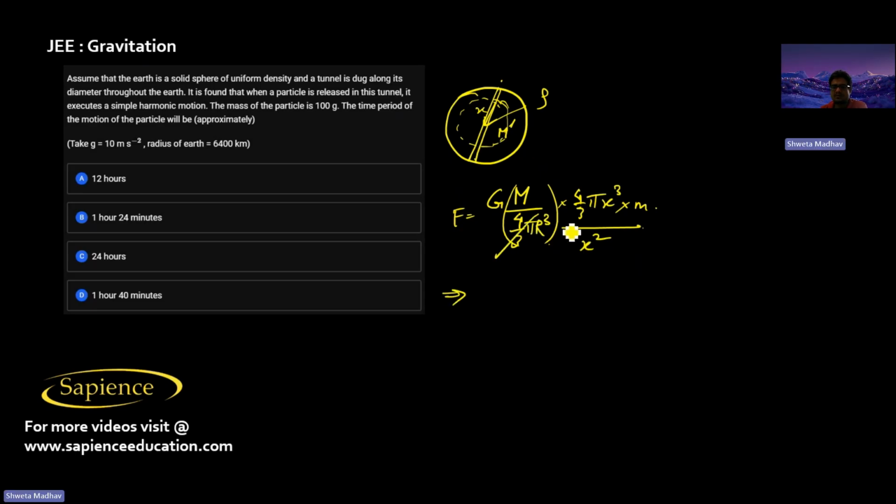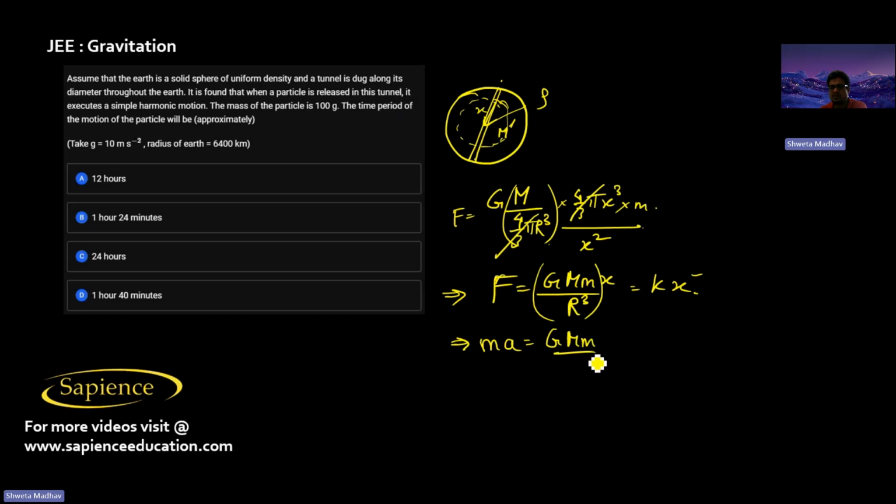So 4 by 3 pi cancel, and this will be equal to GMm x by R cube, which is of the form kx. So I can say mass into acceleration is equal to GMm by R cube into x.